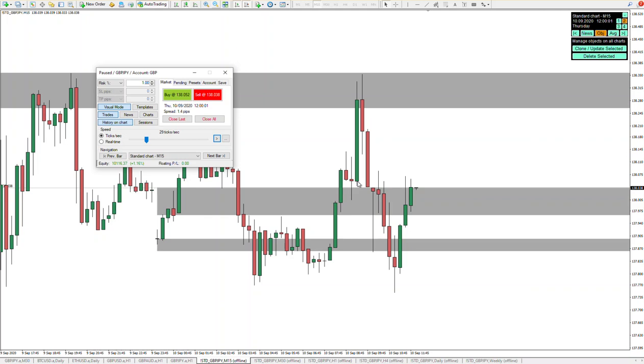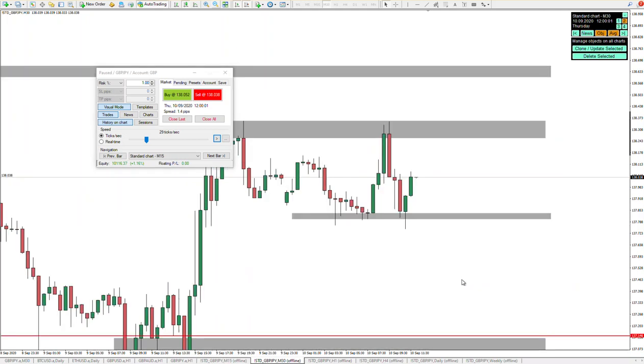Closed below previous support. M30 closed bullish, made a high above this high. There's a lot of room here. 24 pips for a stop of 12 pips.